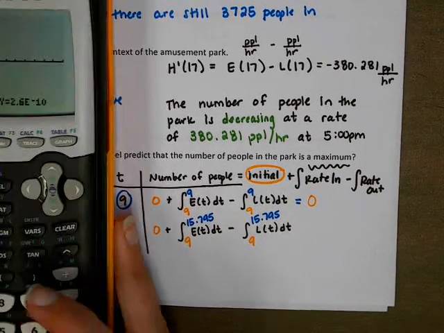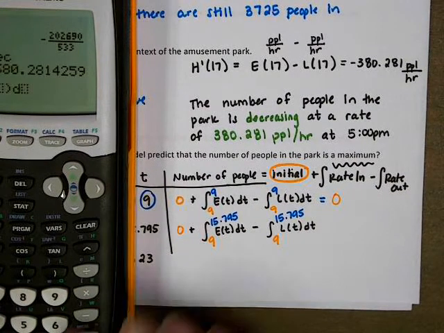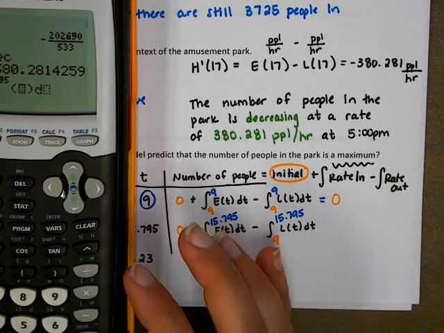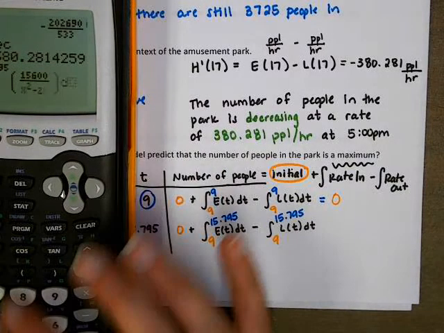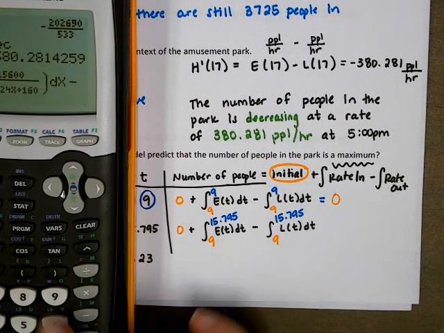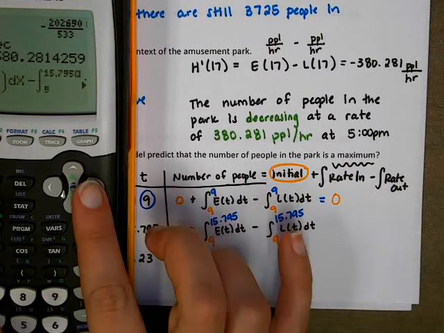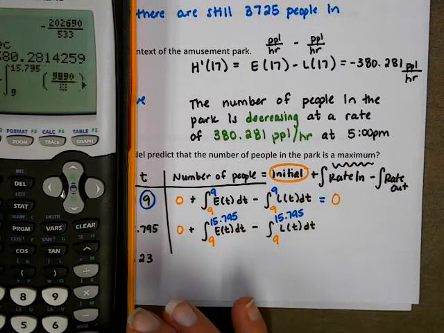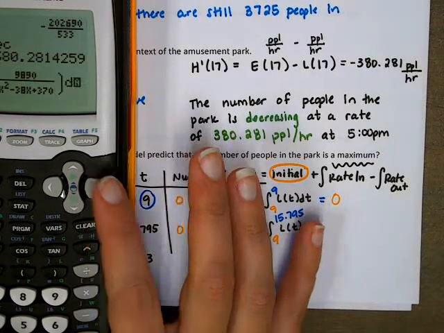So I would go to my calculator and I would say 0 plus math option 9, the integral from 9 to 15.795 of the people going in, which is 15600 over x squared minus 24x plus 160, minus the integral, math 9, from 9 to 15.795, and I have 9890 over x squared minus 38x plus 370 dx.